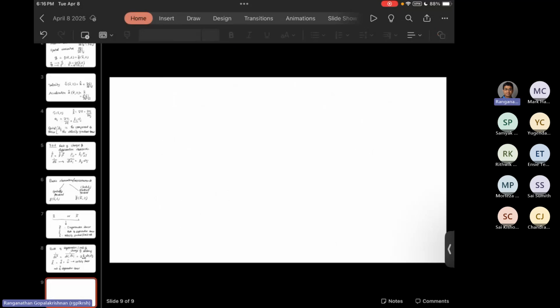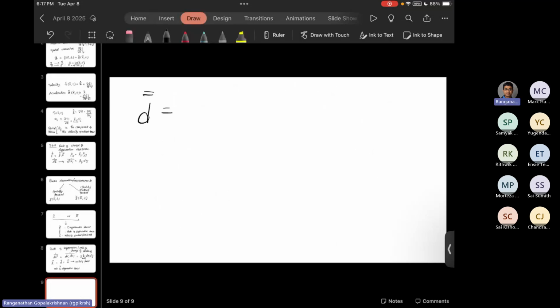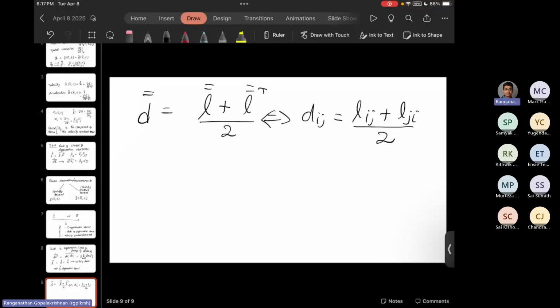So this rate of deformation tensor D is calculated as L plus L transpose divided by 2. You can also write Dij as Lij plus Lji divided by 2. Obviously, D is symmetric.